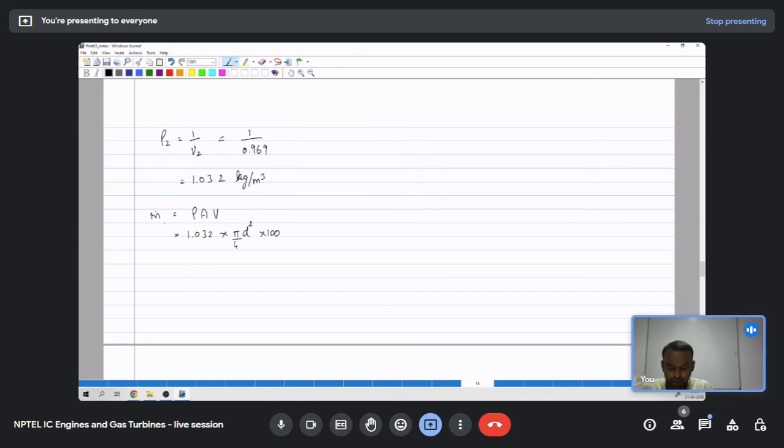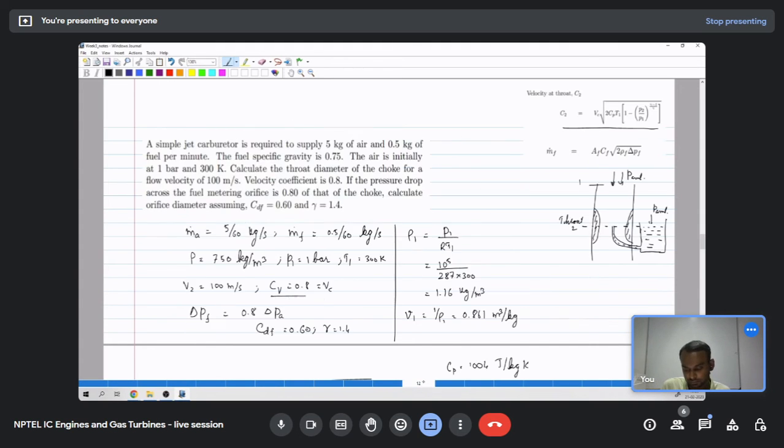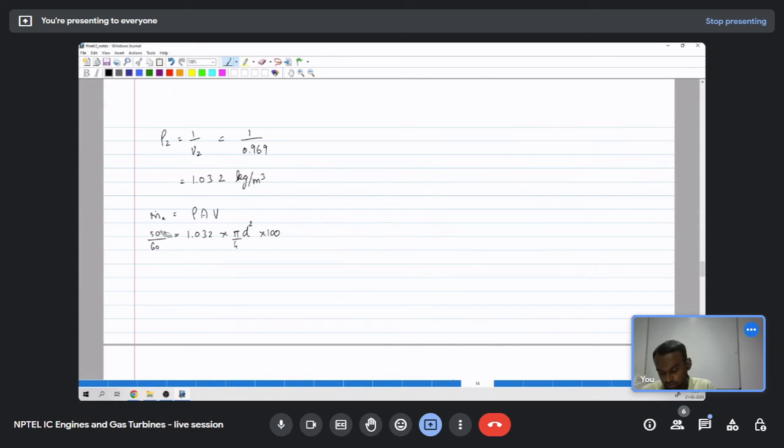And we know m dot air was given as 50 kg per minute, so that is 50 by 60 kilogram per second. Sorry, it is 5 by 60. Yeah, so now we have diameter as root of 5 into 4 divided by 60 into 1.032 into 100.